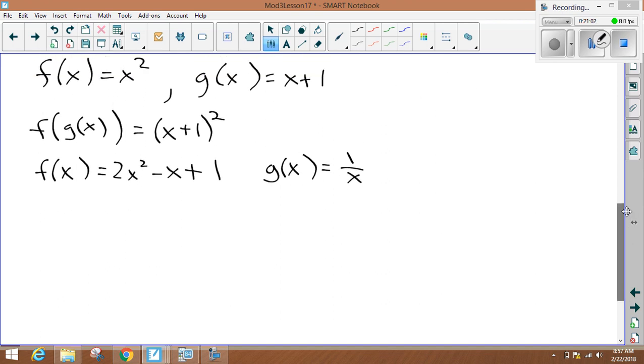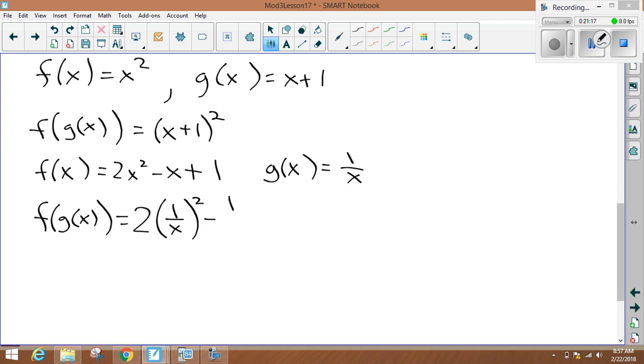Let's find f of g of x. And this is called function composition, when you put a function inside of a function. So that's going to become 2 times 1 over x squared minus 1 over x plus 1. And we do have to simplify these, so this becomes 2 over x squared minus 1 over x.